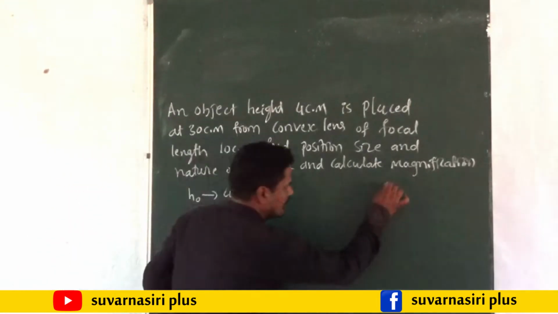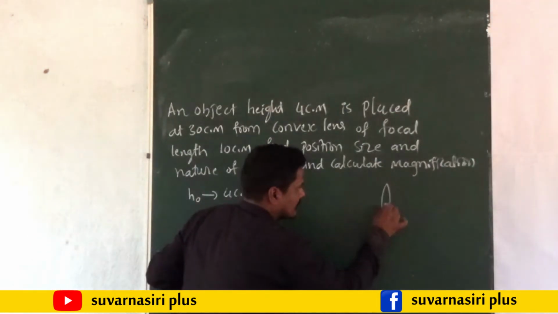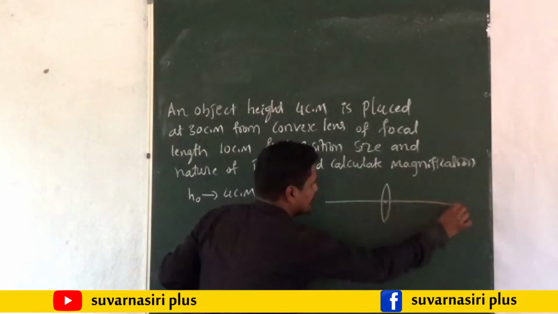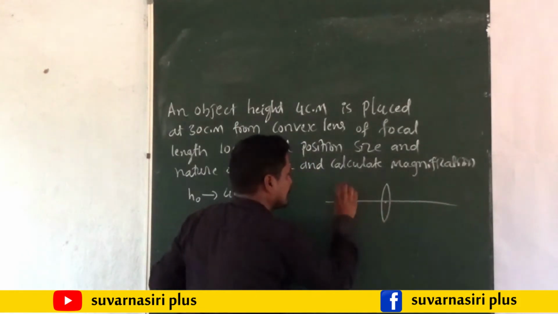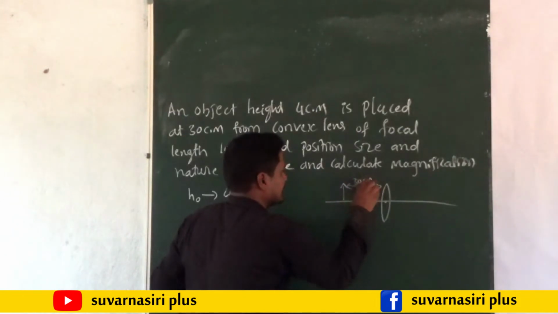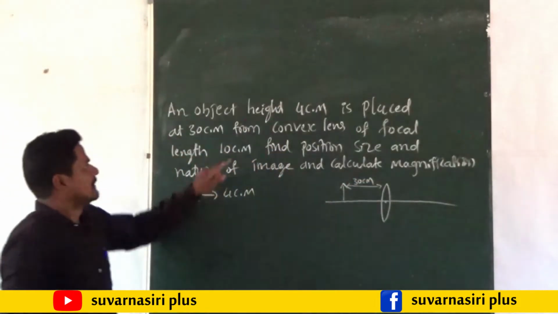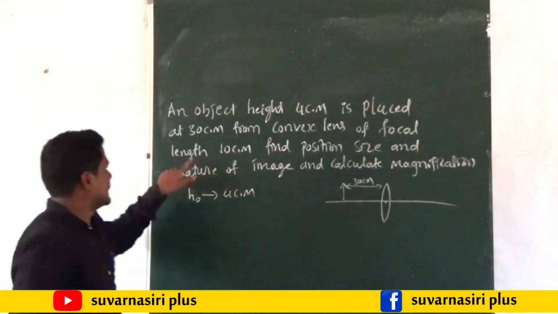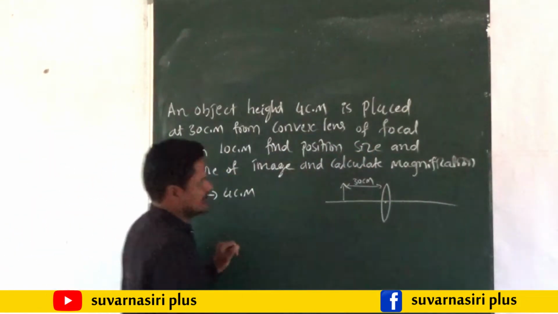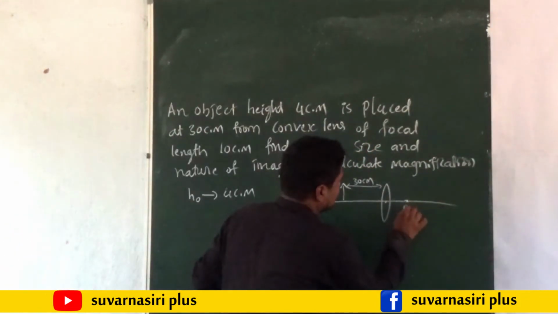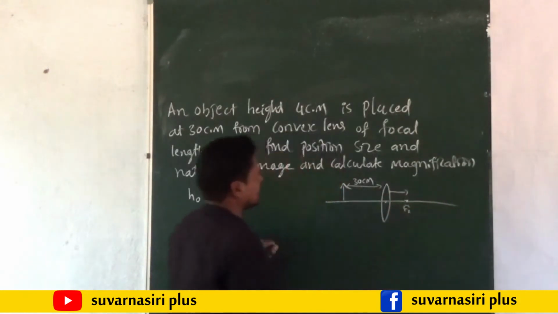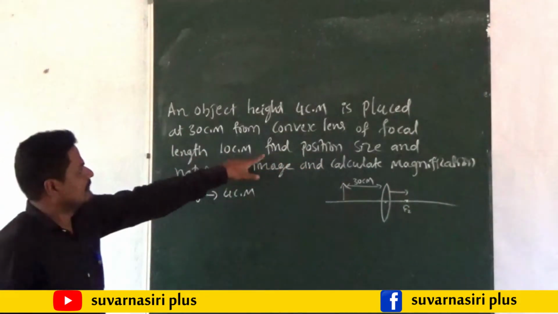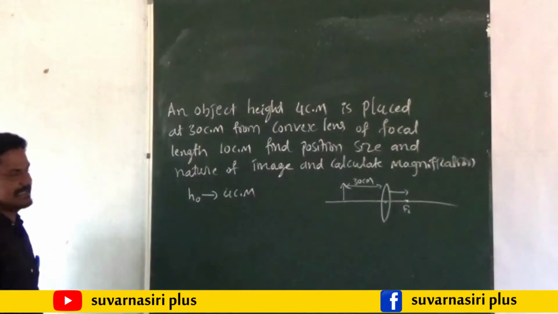So here we have to draw the convex lens. The object distance is 30 centimeter and the focal length is 10 centimeter. Find the position, size and nature of the image.